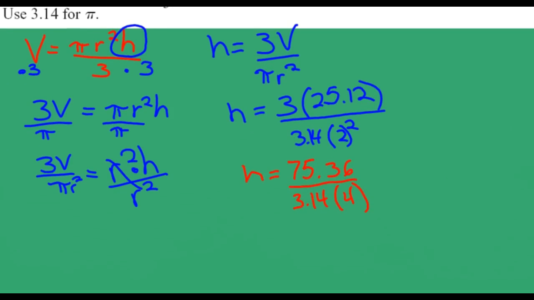So that new equation is going to be 75.36 over 3.14 times 4, which gives me 12.56. Then if I solve that, I can find h. H equals 75.36 divided by 12.56, which gives me 6. So that was a lot of work, but we finally found our answer.